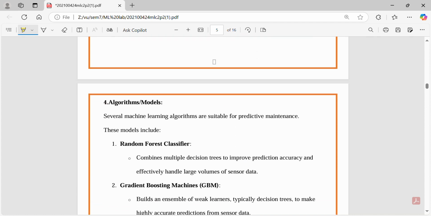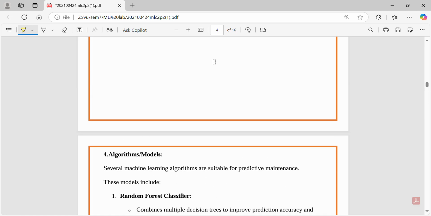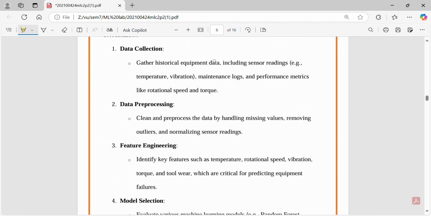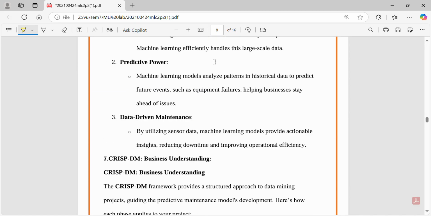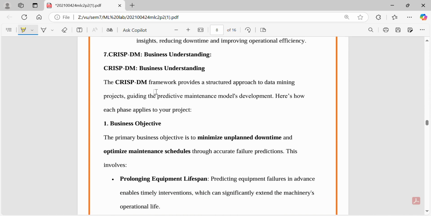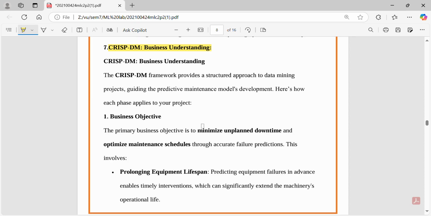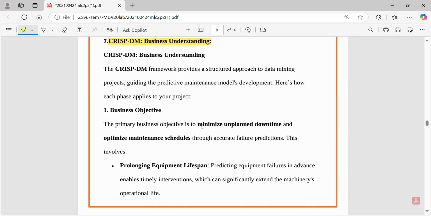So in the CRISP-DM framework we are defining the problem, which is the business understanding. The problem definition is to optimize equipment failure and maintenance schedules.